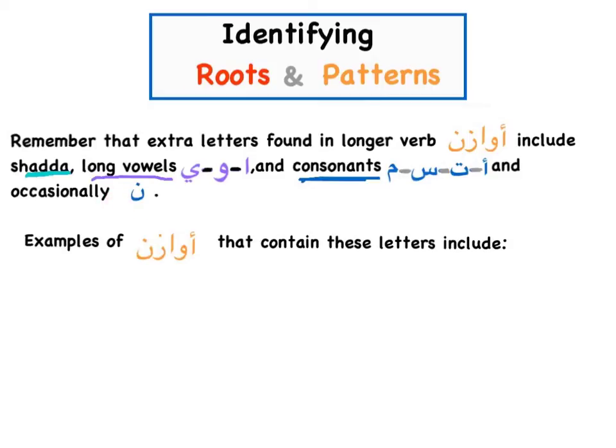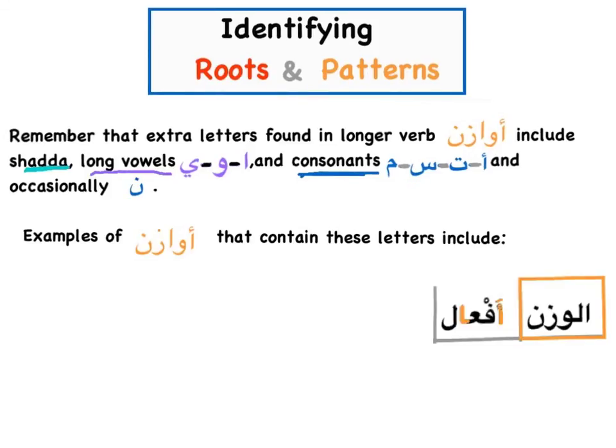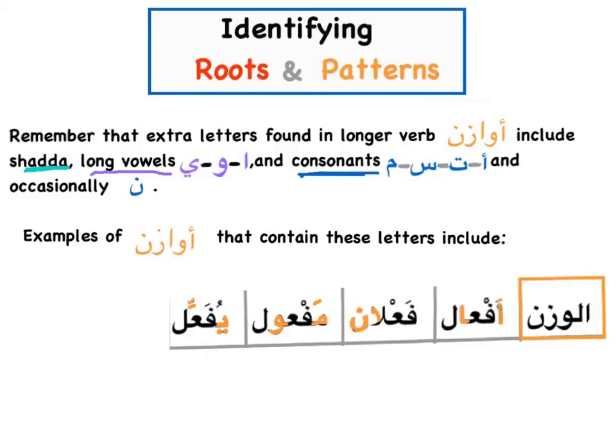Examples of أوزان that contain these letters include: first we have أفعال, then فعلان, مفعول, يفعل, افتعال, and مستفعل.